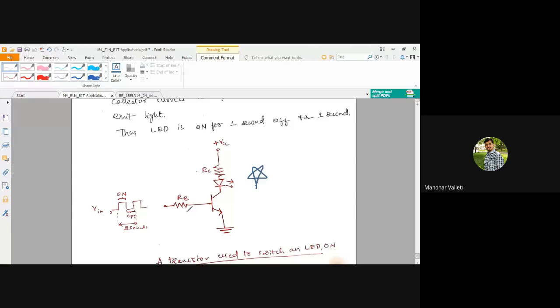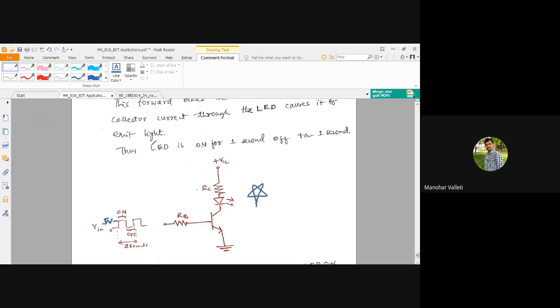We will apply at the input a square wave, meaning it has low and high, 0 and high voltage, where the high logic level will be 5 volts. Generally this switch application of the BJT or transistor is used in digital circuits. Digital circuits operate with logic 0 or logic 1.